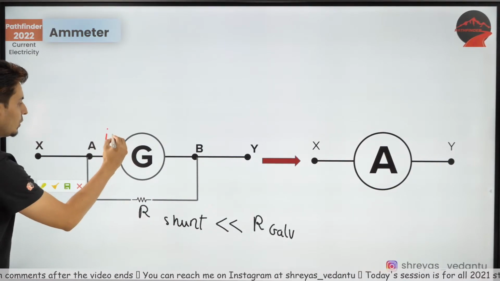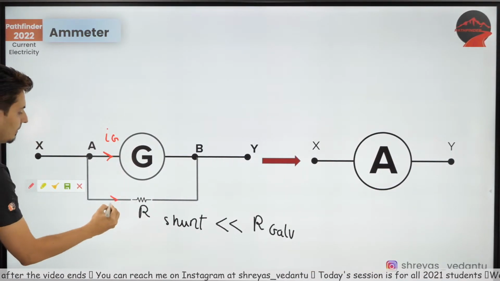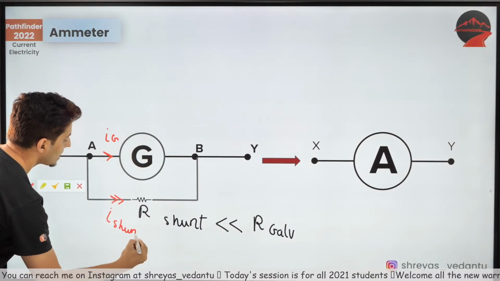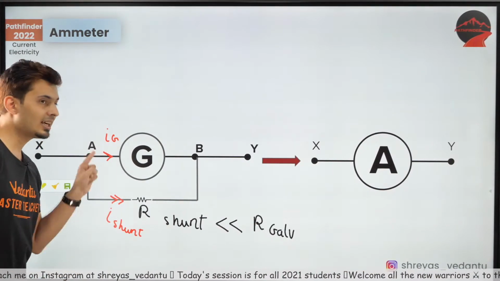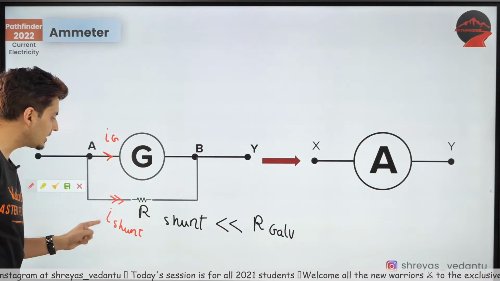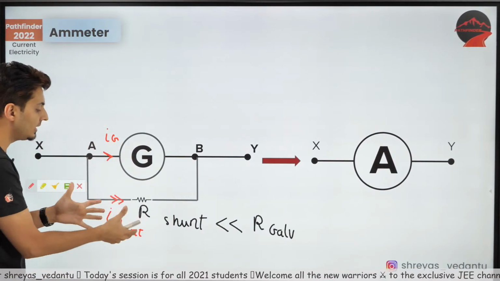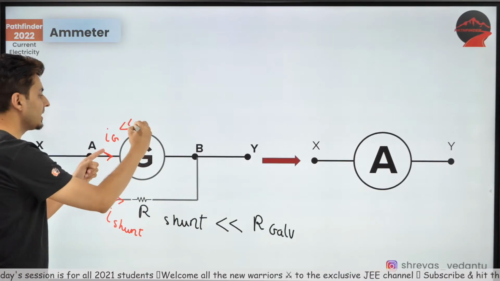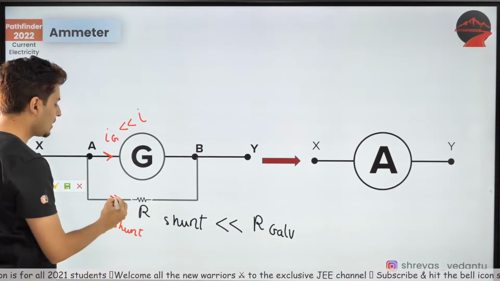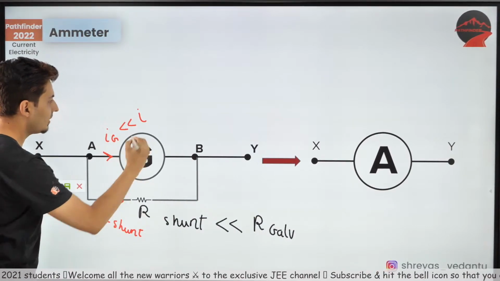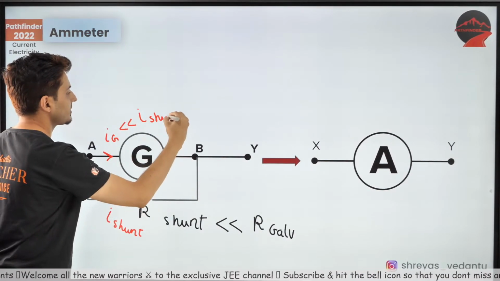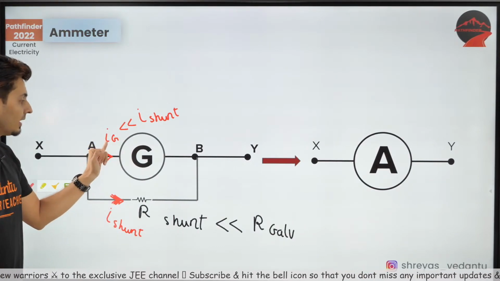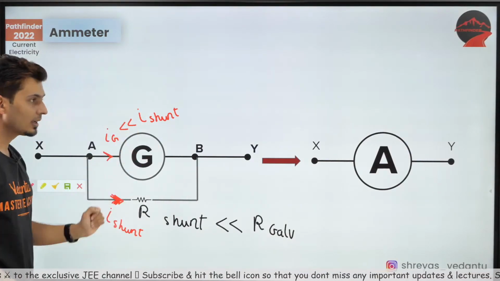Understand the current which flows through the galvanometer, and compare it with the current which flows through the shunt. Which current should be more? Think about it. Obviously the shunt current should be more. This galvanometer current will be much smaller than the current which flows through the shunt resistance.